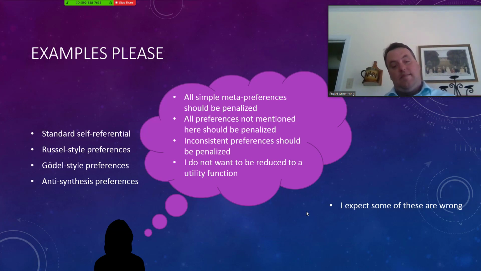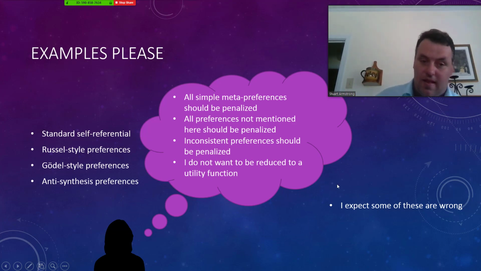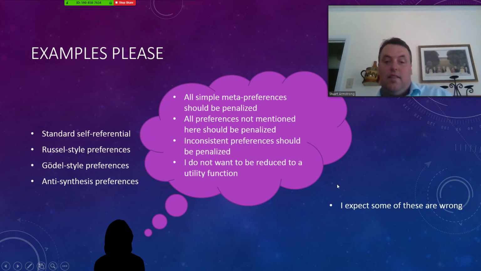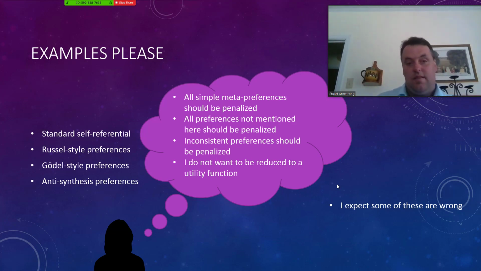Here I have the standard self-referential, like all simple meta preferences should be penalized; Russell style preferences, penalizing those that are not mentioned explicitly, the set of preferences not contained in it; the ones that are inconsistent, which I call Gödel style; and the anti-synthesis preferences, those where a person doesn't want to be reduced to a utility function. Is this roughly correct?